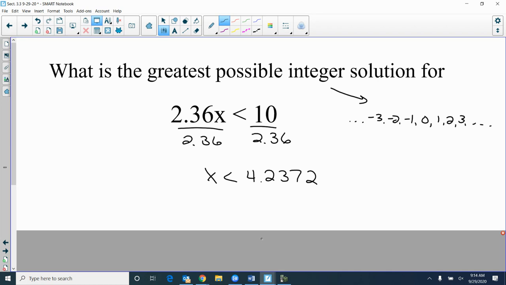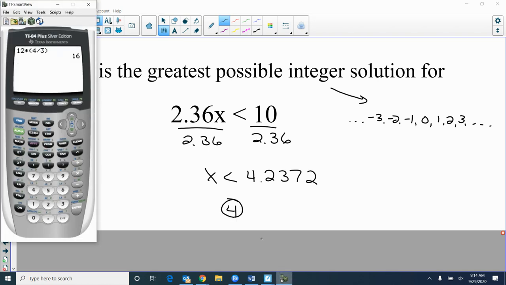We wouldn't need to say x is less than 4. So what is the biggest integer? Well, the biggest integer would be 4, because 2.36 times 4 is 9.44. That's less than 10. But 2.36 times 5 is bigger than 10.